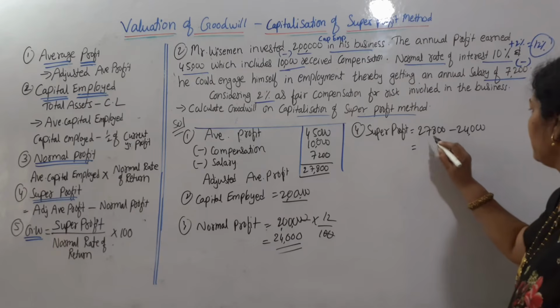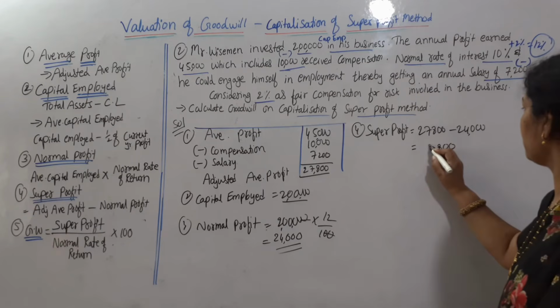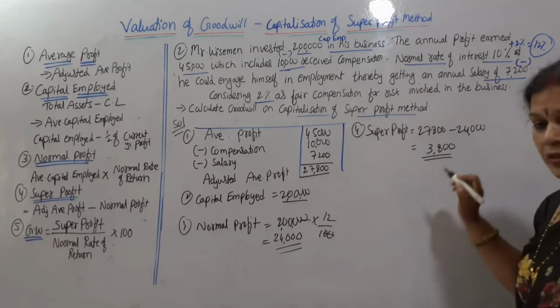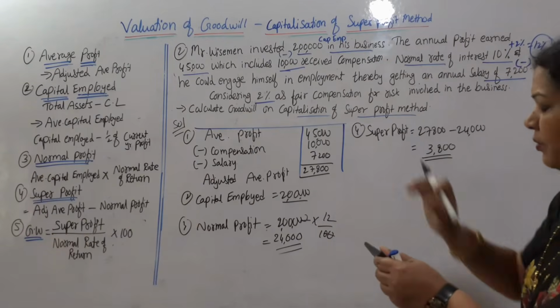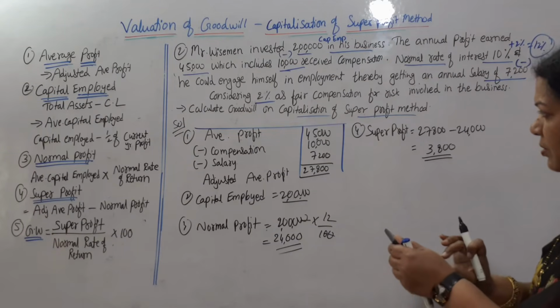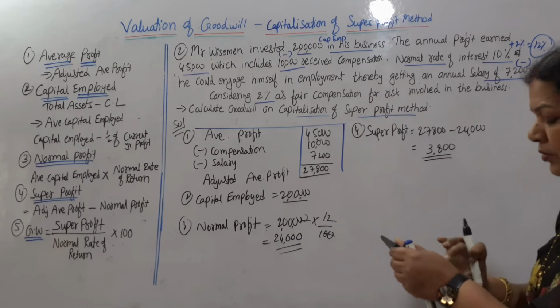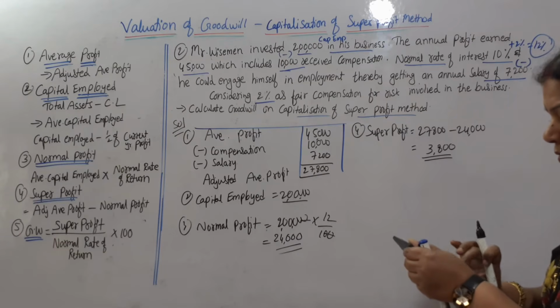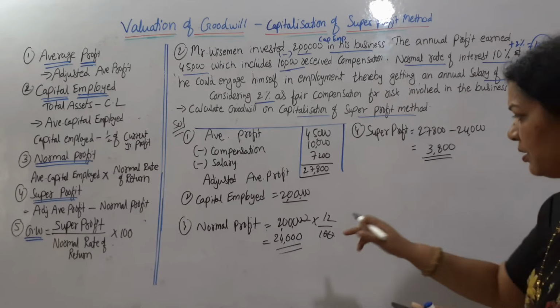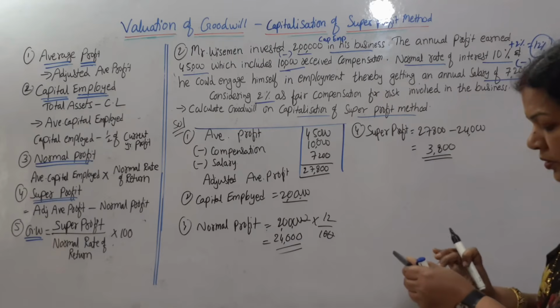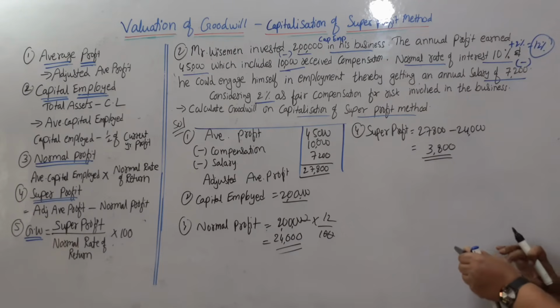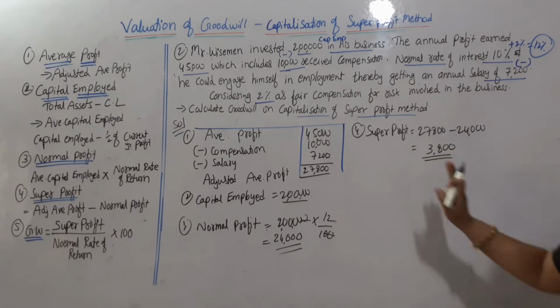Once again, we'll check all the calculations, it will be easy for us to understand. 45,000 minus 10,000 means 35,000, minus 7,200 is 27,800. And here 2 lakh into 12% is 24,000, clear. 27,800 minus 24,000 is 3,800. Super profit you got.